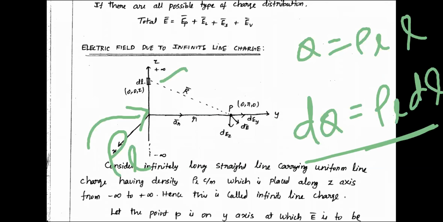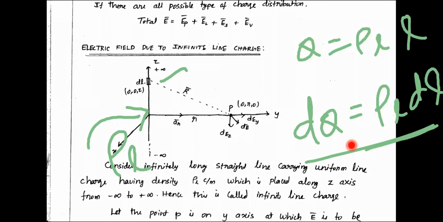Once you have the complete length, you will get the complete charge. Anyway, the complete charge here is infinite charge. But I am taking a small portion dl. What is the charge available there? Rho L into dl, because the line charge density is rho L and dl is a small elemental length that I am taking.